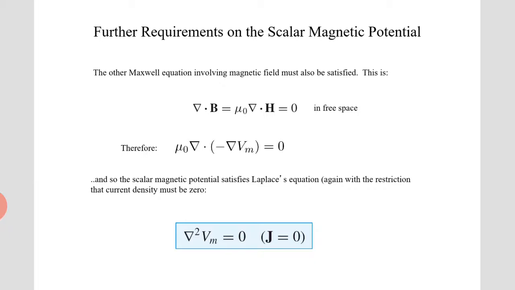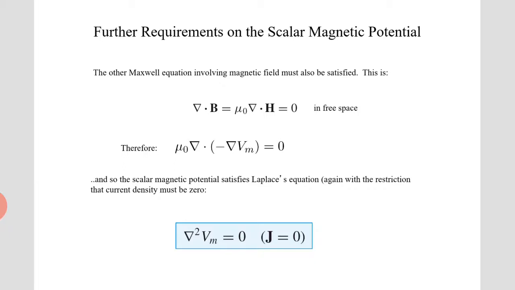Now what are the further requirements on the scalar magnetic potential? It must also satisfy the other Maxwell equation involving the magnetic field, that is del dot B is equal to mu naught del dot H, since B is mu naught H, and that should be equal to 0 in free space. So substituting the value of H, mu naught del dot of minus del of Vm is equal to 0.